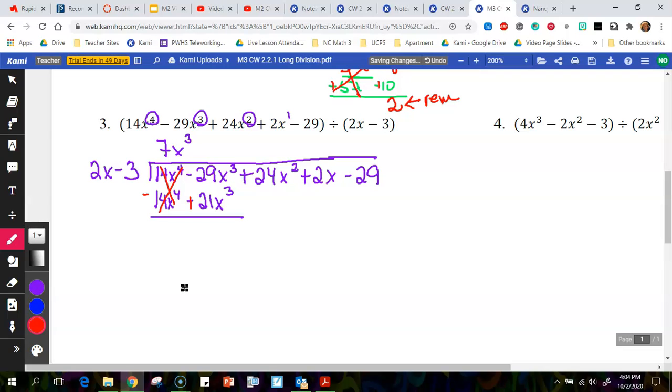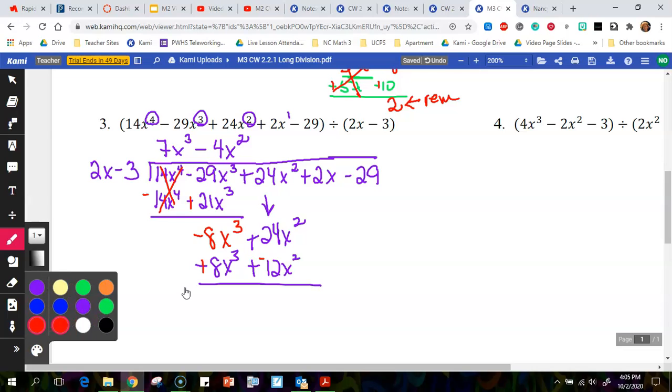Negative 29 plus 21, negative 8x cubed. Bring down the plus 24x squared. All right, negative 8x cubed divided by 2x is minus 4x squared. That's going to be negative 8x cubed. Negative 4x squared times negative 3 is plus 12x squared.